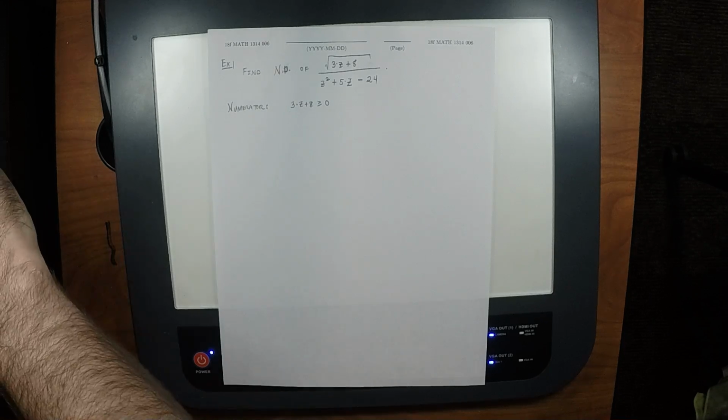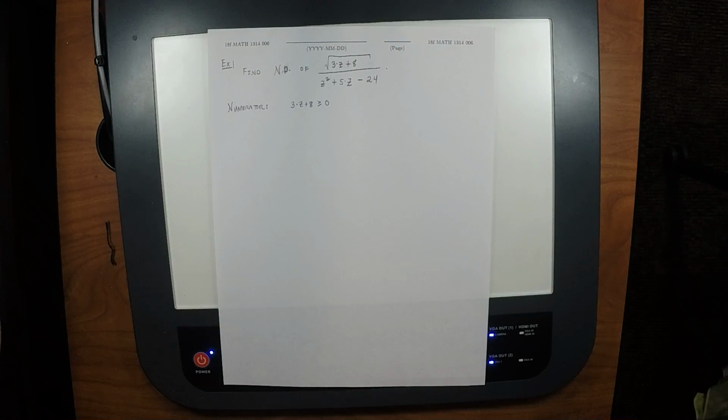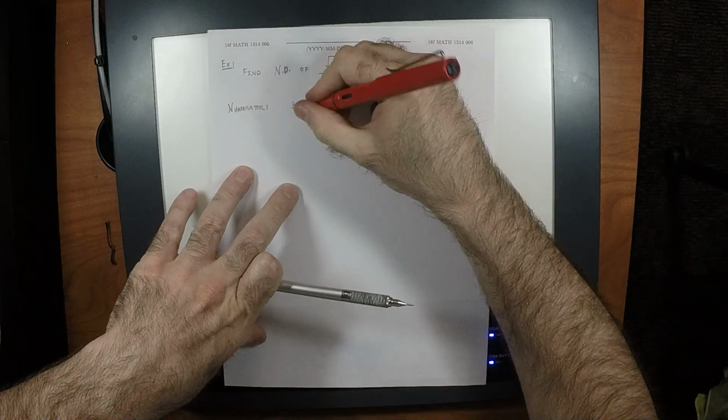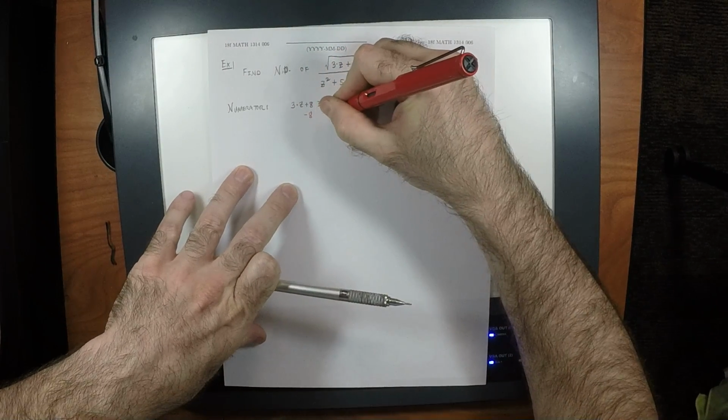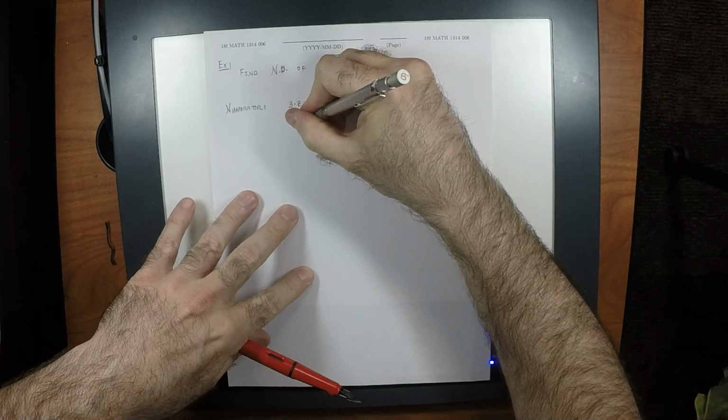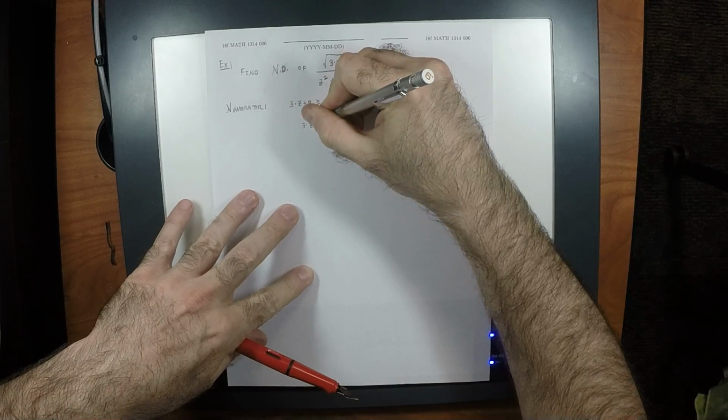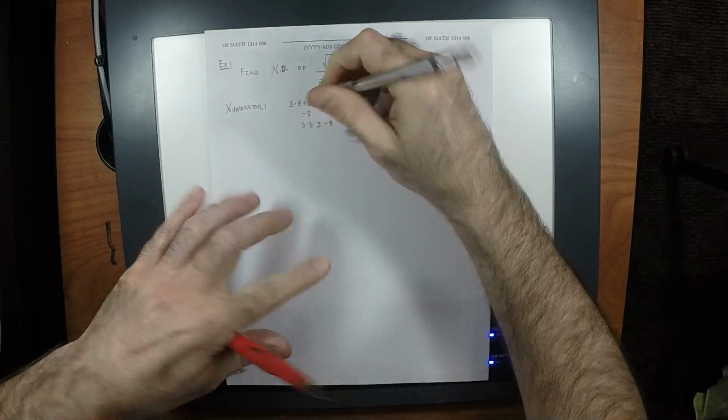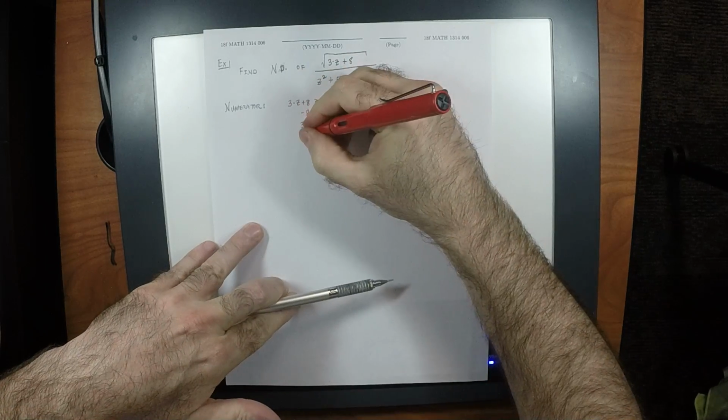So how do we do that? Good. So 3z greater or equal to negative 8. Divide by 3.